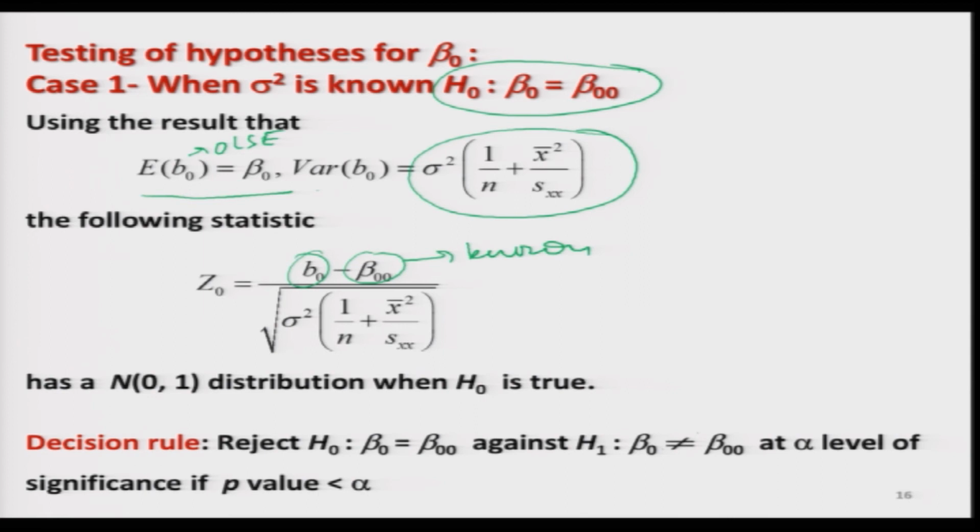So, this will also have a normal 0,1 distribution when H naught is true. So, you can write your decision rule exactly on the same line: you reject this H naught against H1, beta 0 is not equal to beta double naught, at alpha level of significance if p value is smaller than alpha.